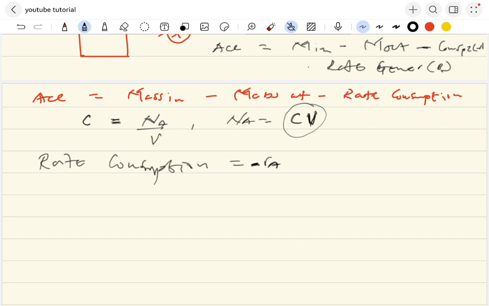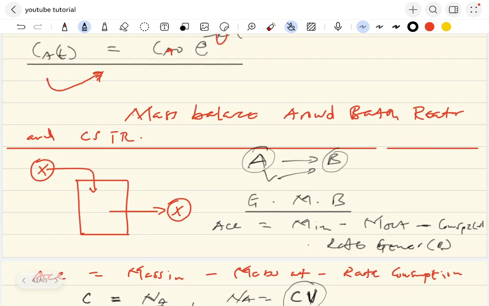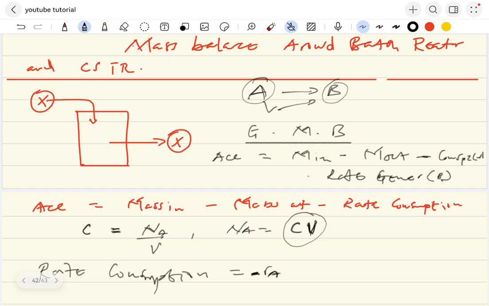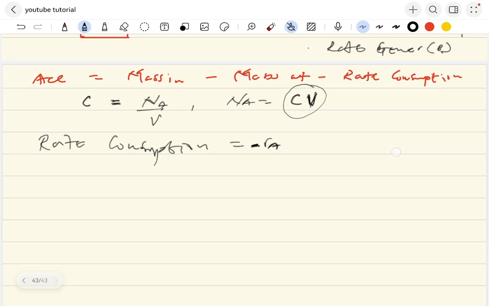The reason why it's minus is because we are writing everything with respect to A. This A is the reactant, and the concentration of the reactant will decrease as time progresses. So with a decrease in concentration, we have to write it with a minus. Then for this, multiply by the reactor volume. Okay.